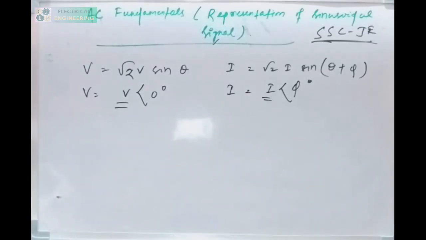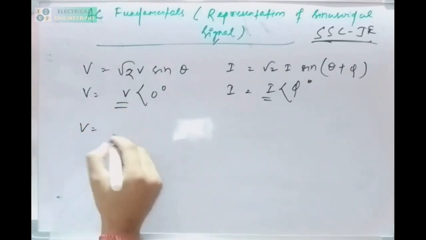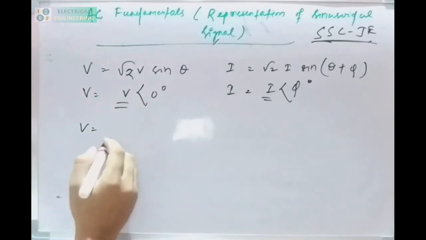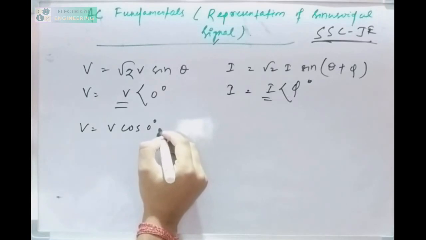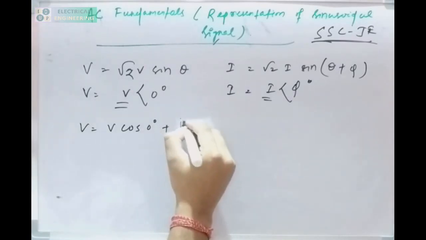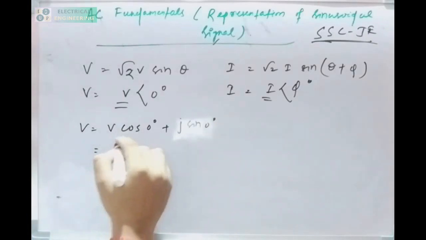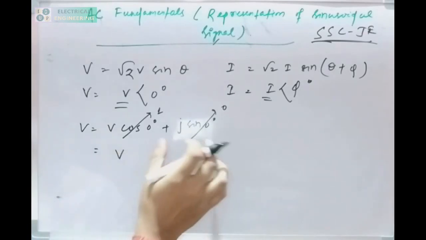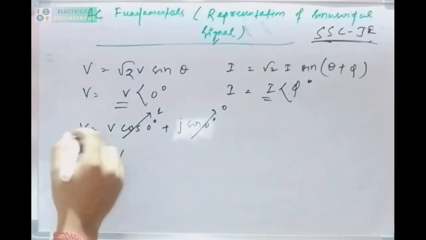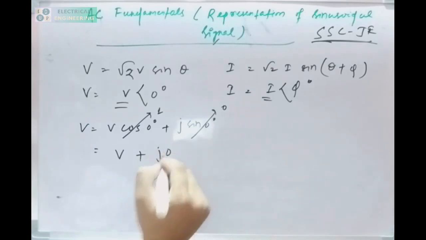So now let us write in the Cartesian form. V equals V cos 0 degree plus j sine 0 degree. So V cos 0 degree is V, and sine 0 degree is 0, so you will get the value of V in the Cartesian form, or you can just write it as V plus j0.